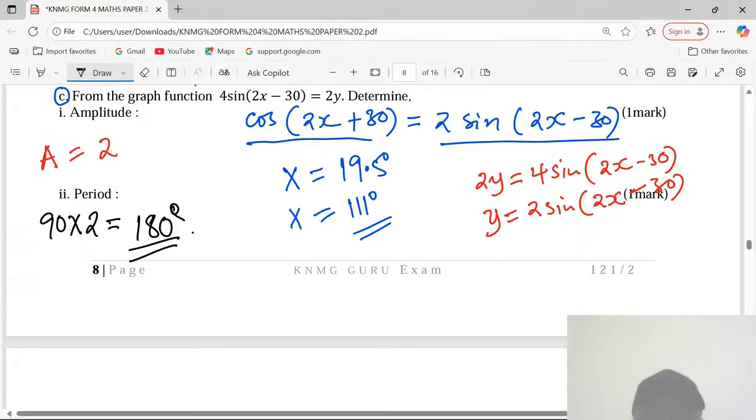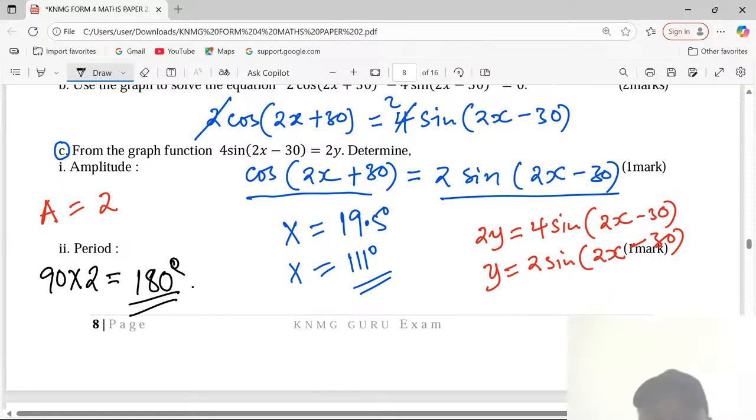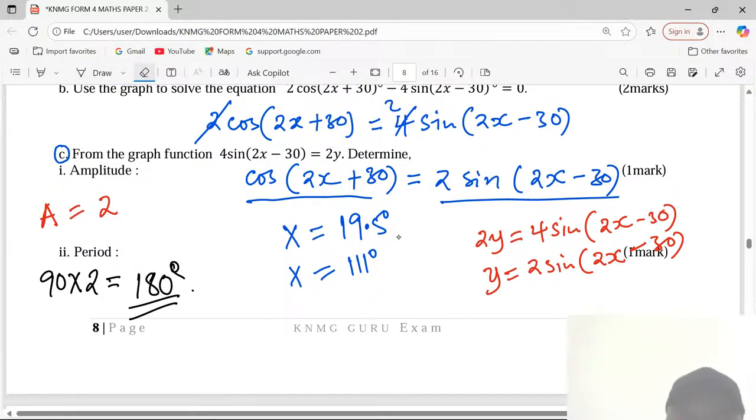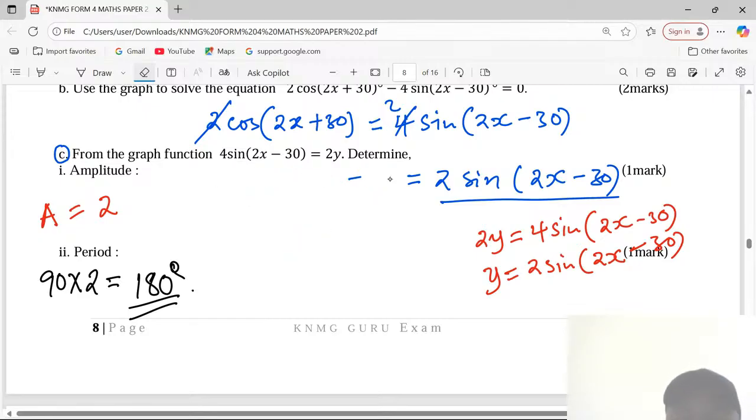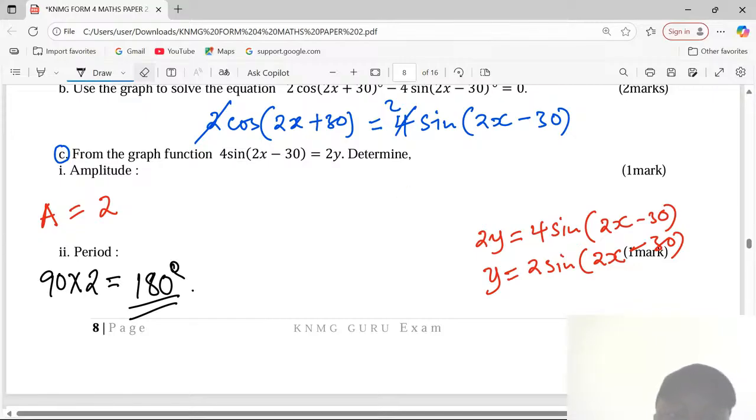Now, something that I'm supposed to show you, and this one don't try at home. This is a secret from section 1. This is section 2, whereby we are supposed to interpret the graph. But now from section 1, we should have these secrets with us, knowing that very well: given a function y equals to a certain value times the sine, then you are given kx plus or minus a certain angle here.